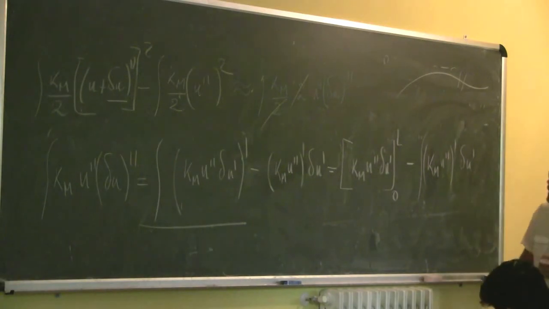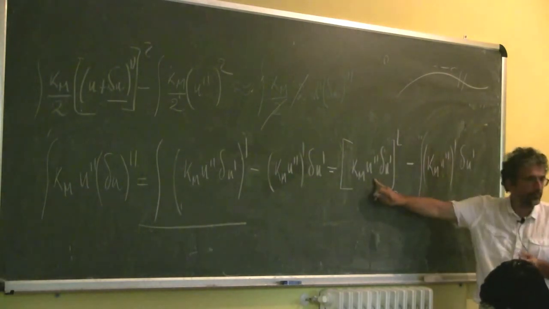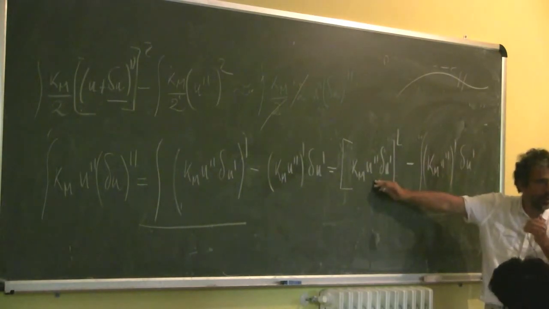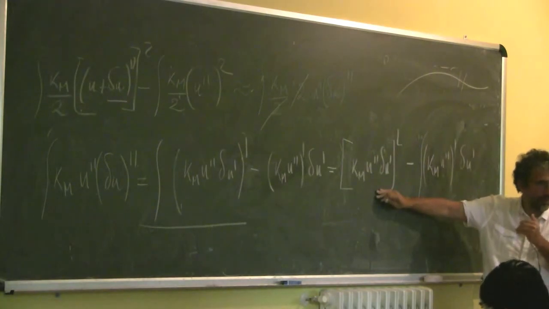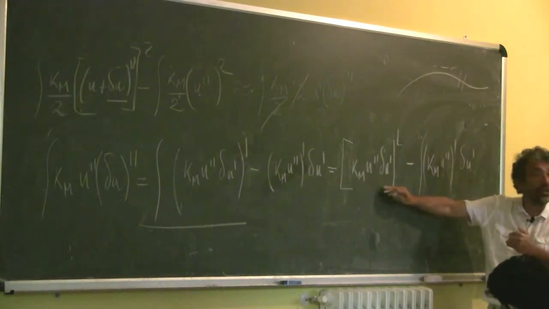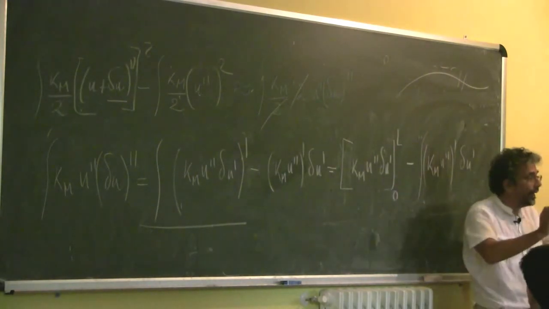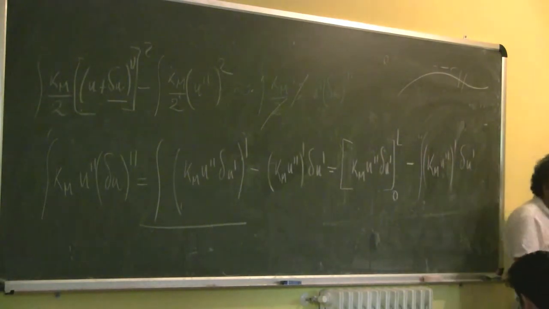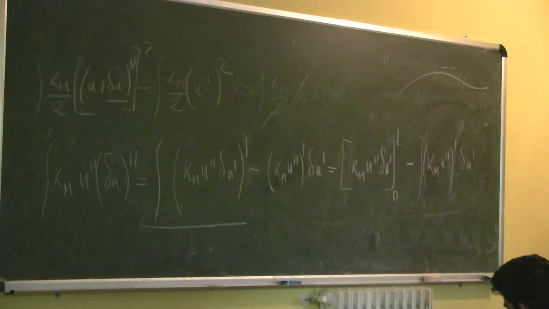So you discover that you have some boundary terms which appear naturally in your integration by parts. This is the reason for which you need to apply boundary conditions in the theory of beam. There is no physical meaning of this a priori.